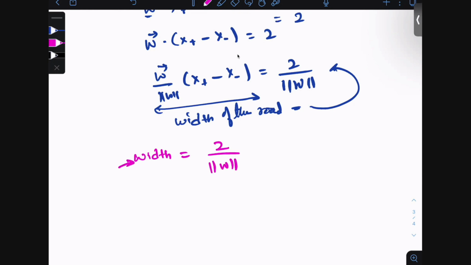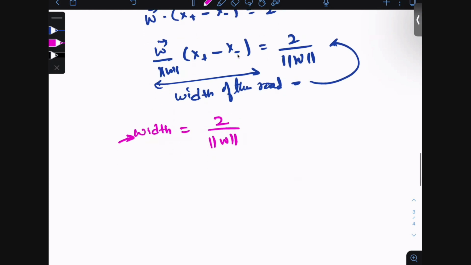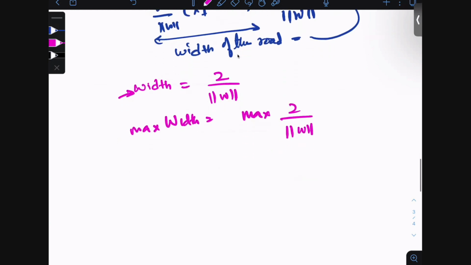That is my intention, that my width should be the maximum possible. So I will do a maximization of width, which is maximization of 2 by norm w. But since we have to get our loss function, which we always have to minimize, it will be the reverse of this. So we have to minimize norm of w by 2, right?